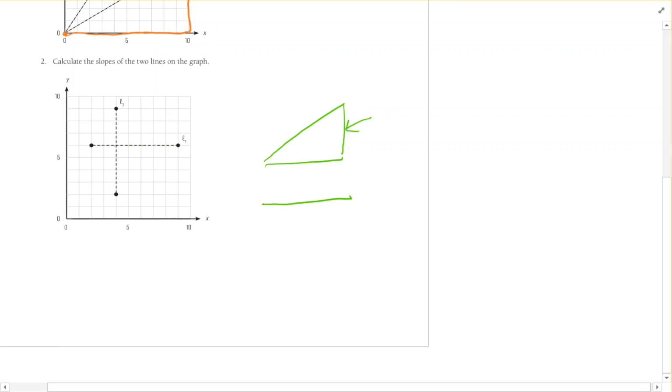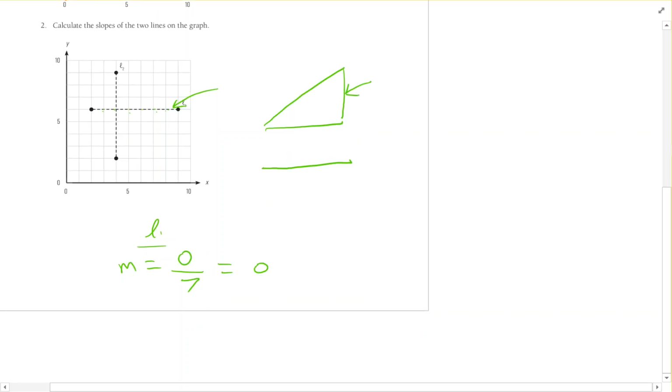But it doesn't really matter because for line 1, I'd say m is equal to rise over run, but my rise is 0. So 0 divided by 7? Well, 0 divided by anything is just 0. So that's equal to 0. And you can see that, right? That makes sense. The slope of this thing is 0. It's not sloped. It's totally flat.